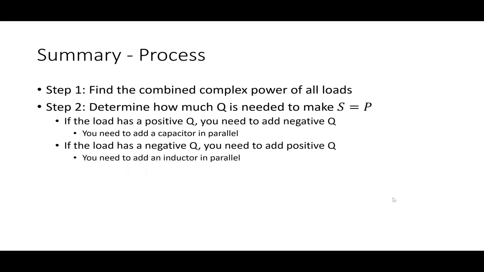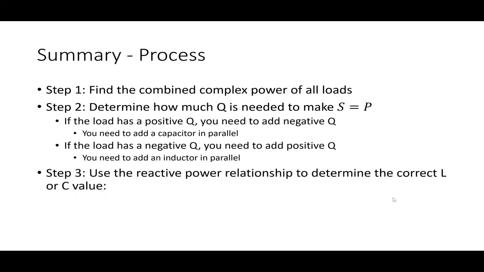So that's a critical step to determine whether I need a capacitor or an inductor. The third step is to use the reactive power relationship to determine the correct L or C. Because we're adding components in parallel, that relationship usually is V squared over the imaginary part of the impedance. So there'll be a number of problems that you'll focus on that deal with this type of thing.